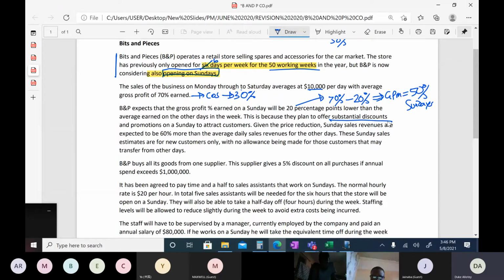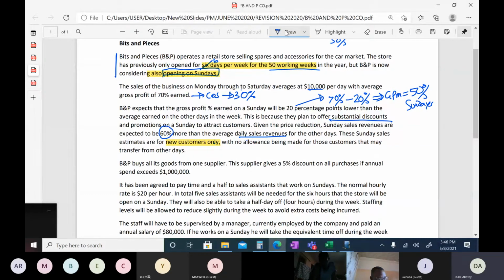Now, given the price reduction, sales revenues are expected to be 60% more than the average sales for the other days. And these Sunday sales estimates are for new customers only, not the existing ones. And no allowance is being made for those customers that may transfer from other days.